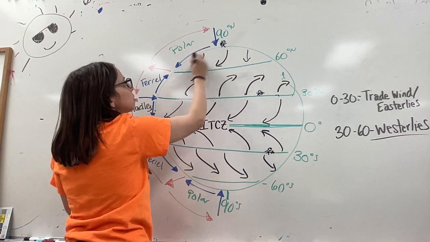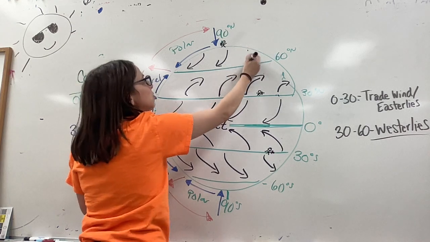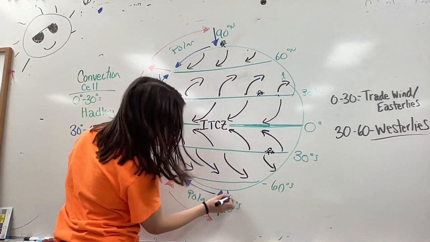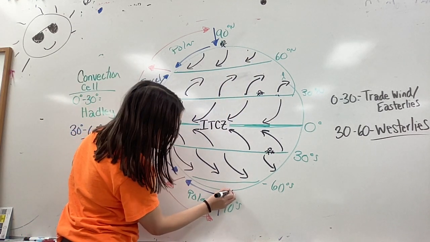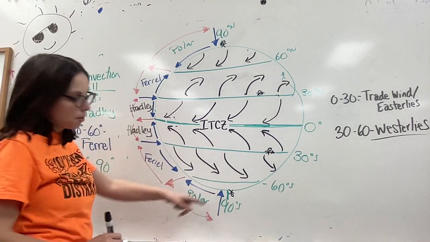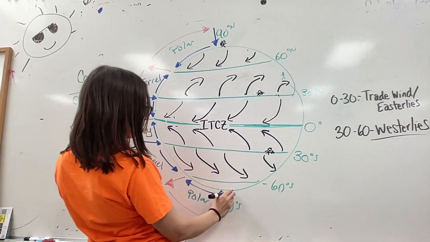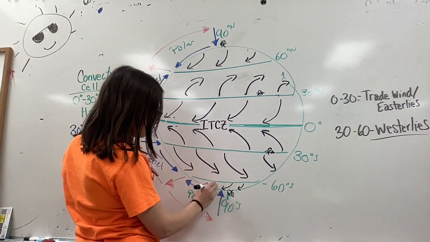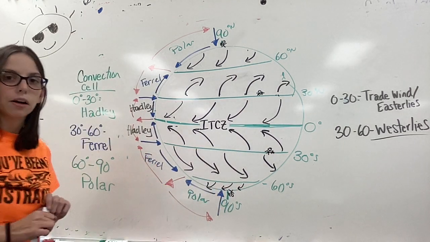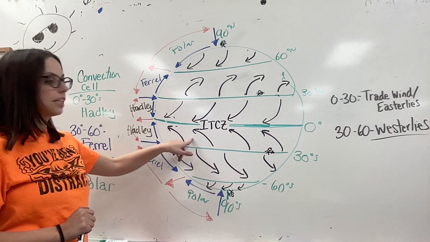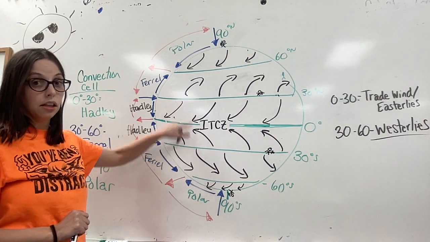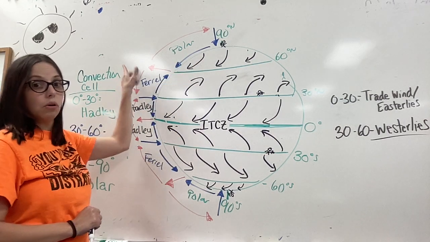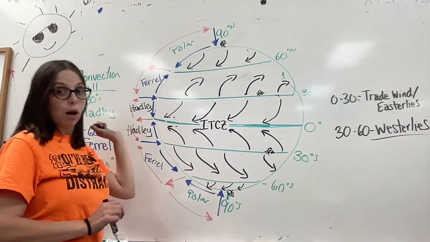Same thing if I were standing here, upside down. My left hand would be this way. Just like in the ITCZ, these winds are also going from the east to the west.